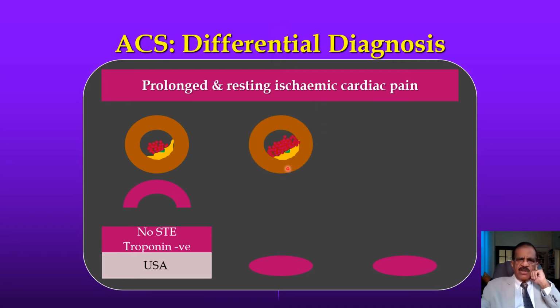Now, in this case, same pathogenesis, but somehow the clot is bigger and it has caused more critical narrowing, but not complete occlusion, and this would result in some myocardial damage.